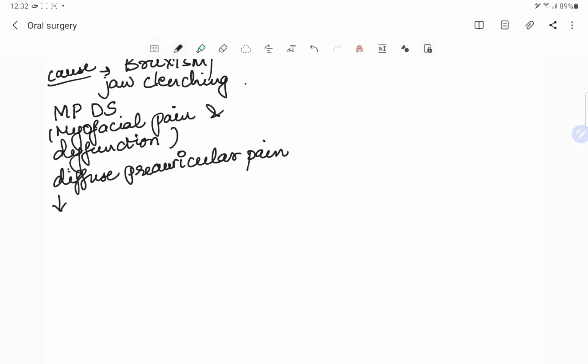Since there is a dysfunction of the muscles of mastication, the person has been overusing the muscles of mastication due to bruxism habit or clenching habit. Most commonly temporalis and the masseter muscle spasm is involved with the MPDS, but the person is going to have pain and tenderness over the preauricular region, and there is decreased mandibular movement because the muscles of mastication are involved with the mandibular movement.